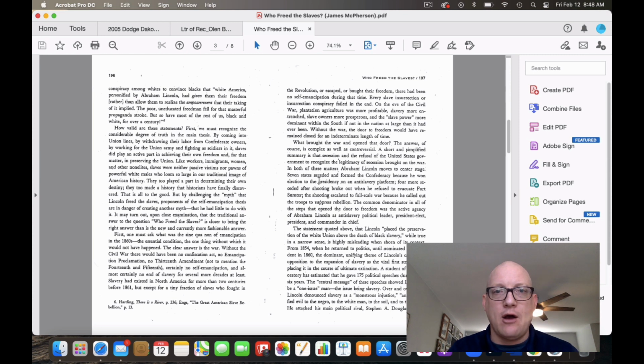And here's his key point. In both of those issues, the southern states leaving the Union and the U.S. refusing to accept it, Abraham Lincoln moves to center stage. All right? Here now you know where he stands.